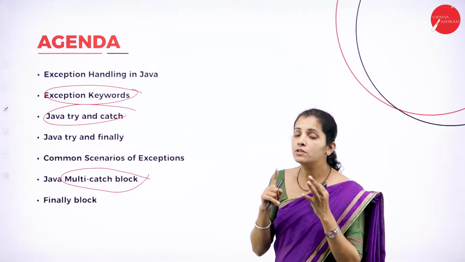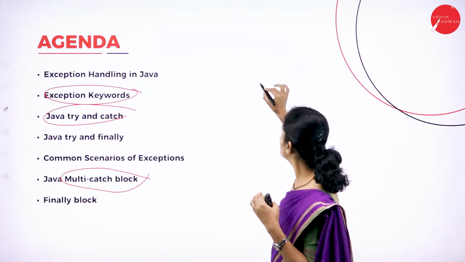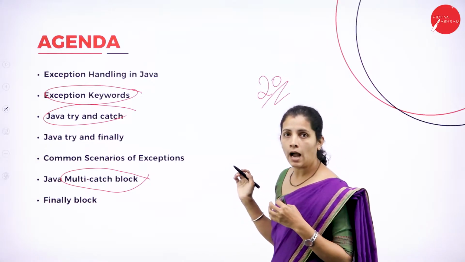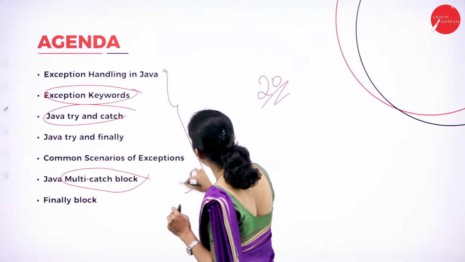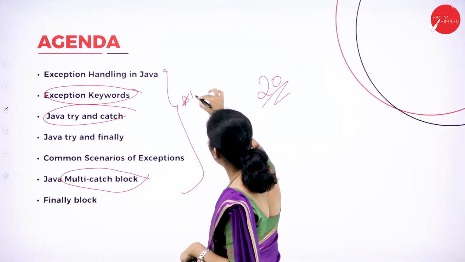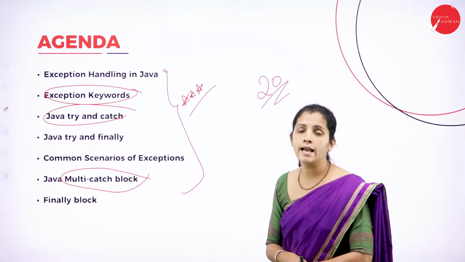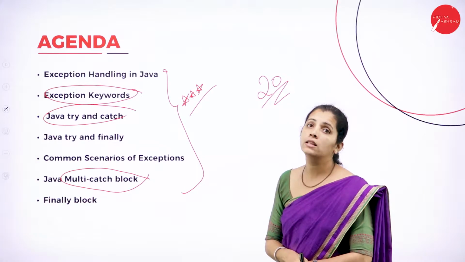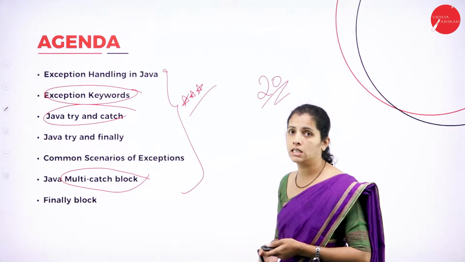And if you study these three topics properly, then you can very easily score 20 marks. And from the examination point of view, this is also a very important topic. You can get questions like what is an exception, what are the methods or what are the keywords used to handle an exception, etc.